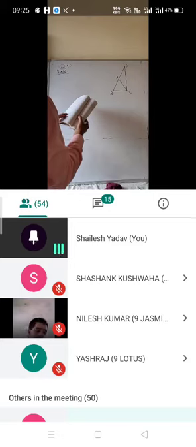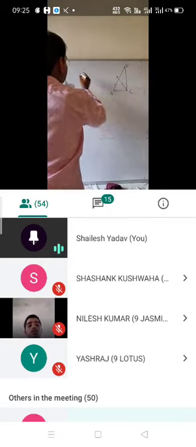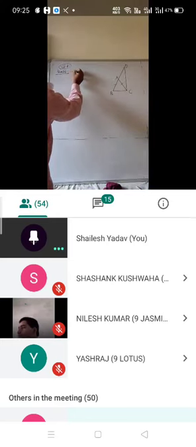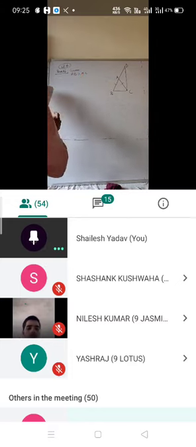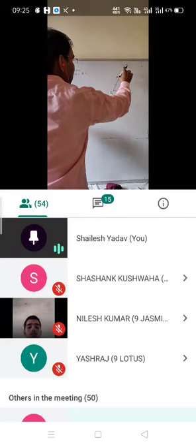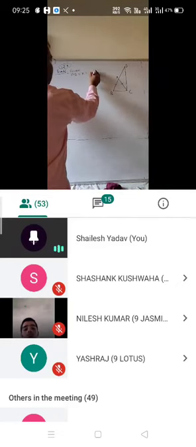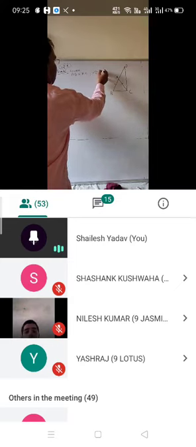Triangle ABC is an isosceles triangle in which AB equal to AC. So you will write given AB equal to AC, and BA is produced to D such that AD equal to AB. It is also given that AD equal to AB.